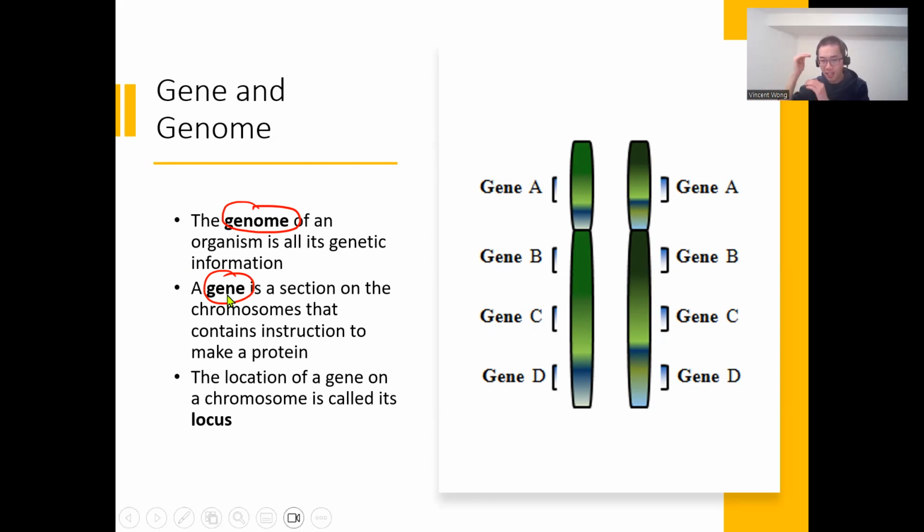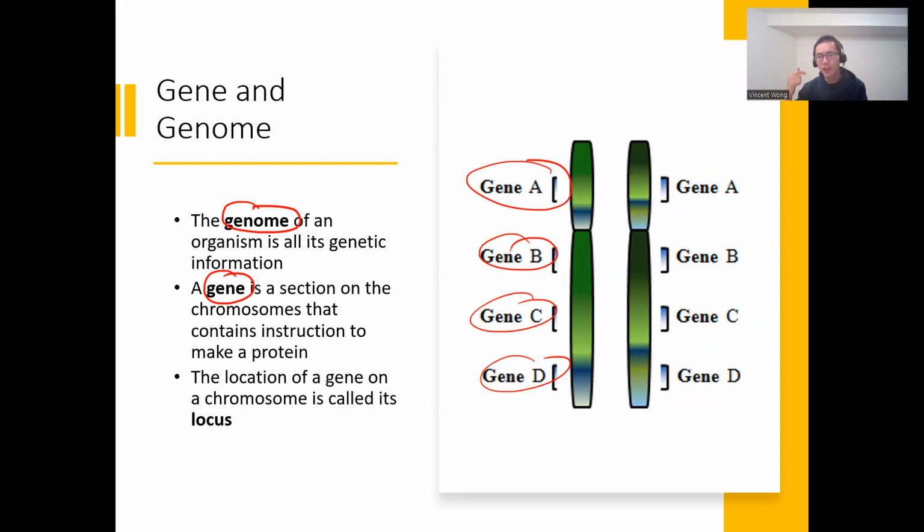A gene is a segment of DNA on the chromosome that gives you the instruction to make a protein. So there's a gene A here that gives you the instruction to make protein A. Then you have gene B, gene C, and gene D. In reality, though, it's not just 4 genes per chromosome. You have hundreds and hundreds of genes on each chromosome.